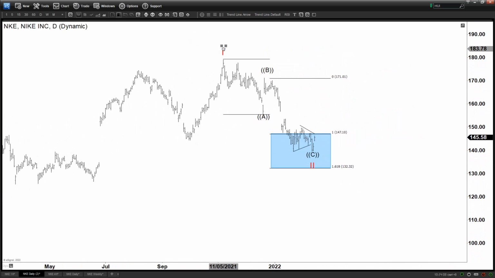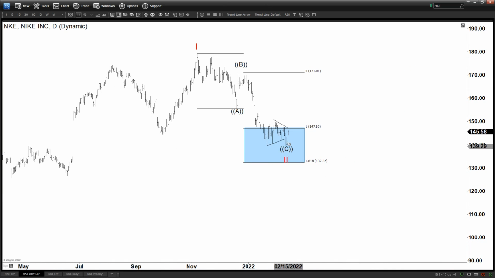Now over here, we started to rally after reaching the 100%, but I would say the rally is not significant enough yet to give very high odds that this cycle is truly complete, right?